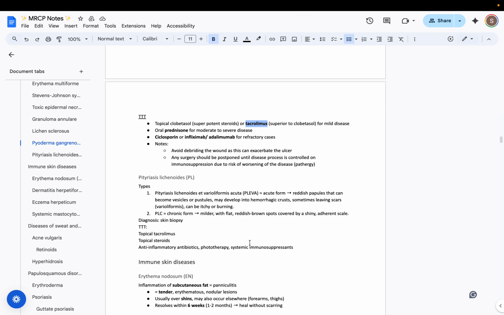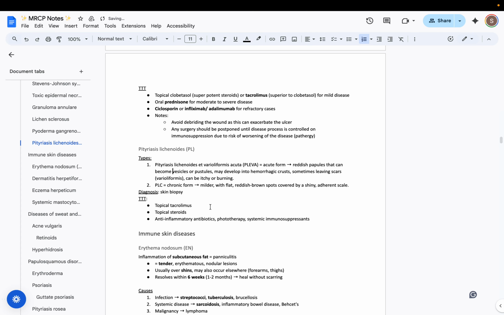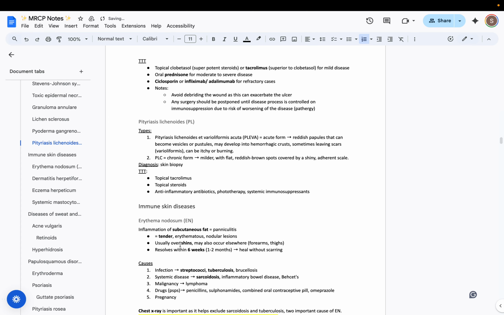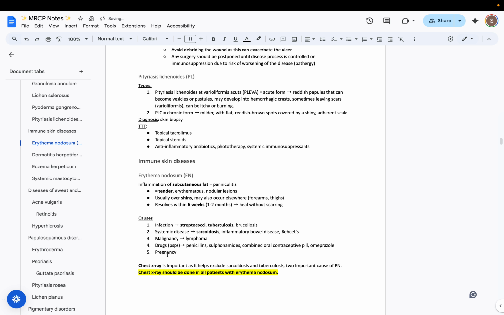Now, pityriasis lichenoides. Pityriasis lichenoides et varioliformis acuta, PLEVA, is the acute form of the disease, and PLC is the chronic form.